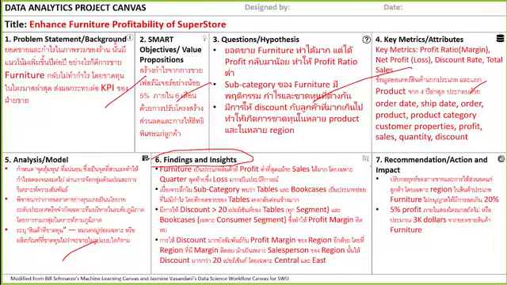You can go look yourself, roughly like this, explaining how the margin behaves, what happens when discount is more than 20%. Then recommendation and action: adjust the strategy, do not give discount over 20%. If we adjust the strategy this way, what impact do we expect from the action? It will impact what we set as the objective, which is profit, which should improve by 5%. Calculated from old data, it should be about $3,000. This is the complete data analytic project canvas that I also want you to come up with something like this on your project about move account.